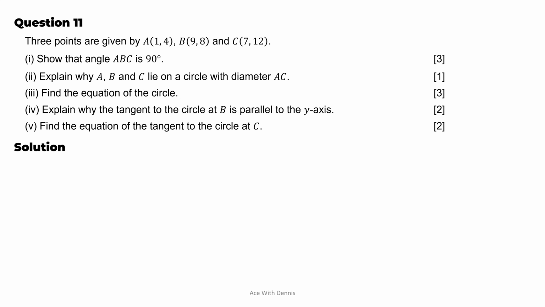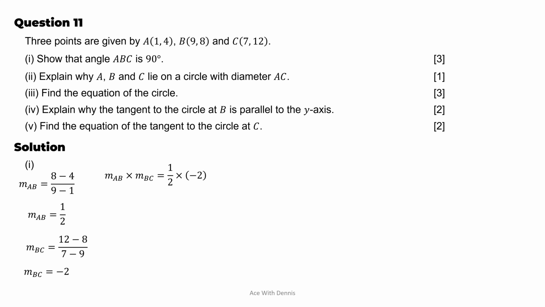Here's the solution. For part 1, to show that angle ABC is 90 degrees, we need to show that the lines are perpendicular to each other. Firstly, we find the gradient of AB, which is (8 minus 4) over (9 minus 1), and the value is half. Next, we find the gradient of BC, which is (12 minus 8) over (7 minus 9), and the value is -2.